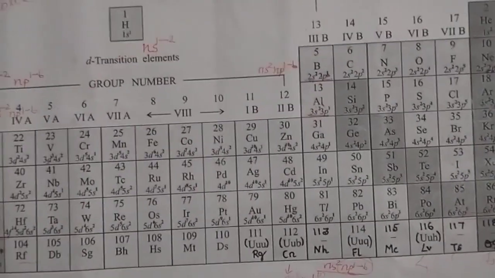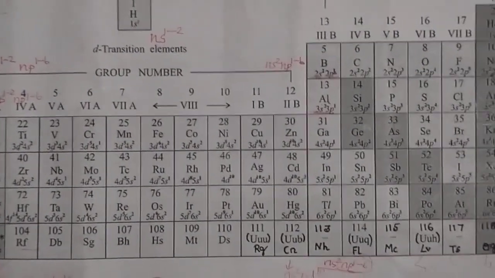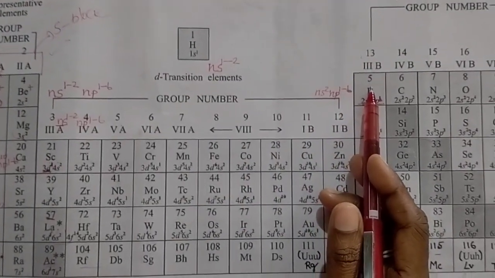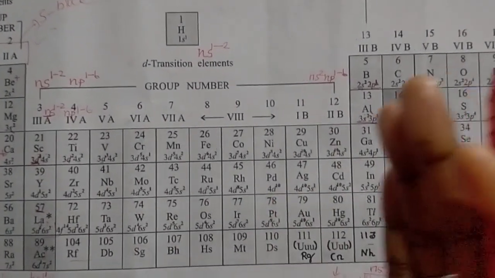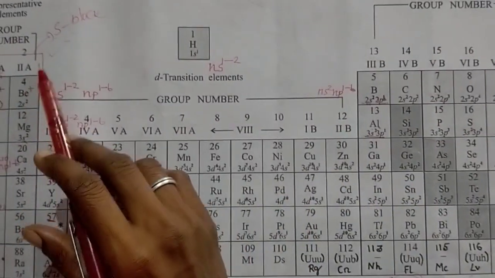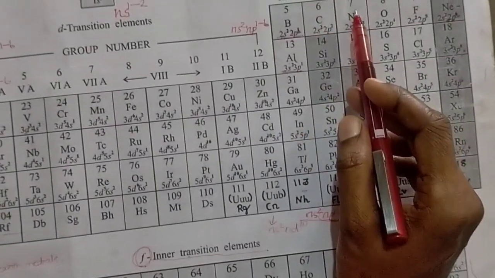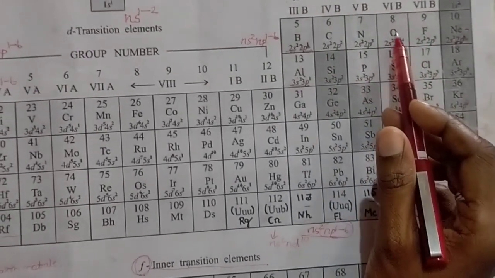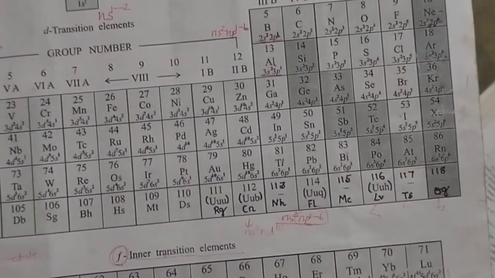This is due to the increase of nuclear charge and the decrease in the size of the atom. Why is nuclear charge increasing? Because of the addition of electrons into the elements. If you add more electrons here, the amount of protons is increasing, so the nuclear charge is increasing, and also the size is decreased.